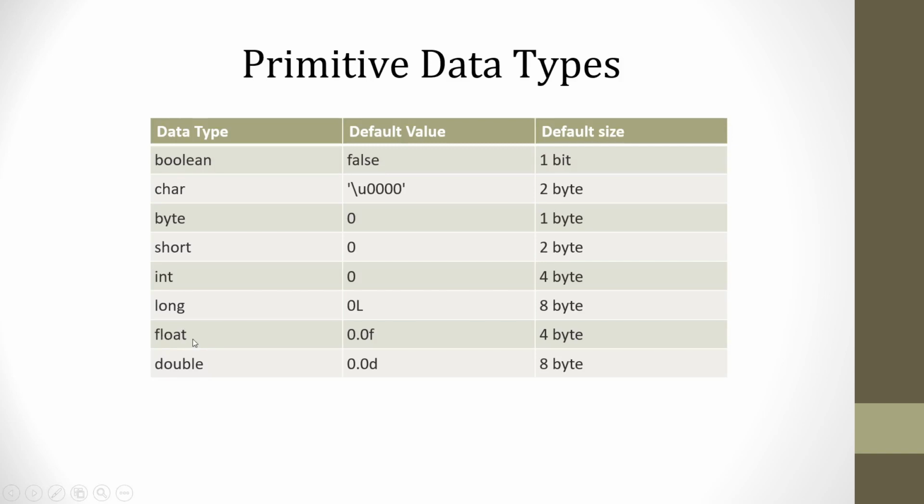The next is float. The float data type stores a floating point number with up to 17 significant digits. Here you can see this is again 4 bytes, but with some precision, with 2 digits after the decimal. The double is 8 bytes.